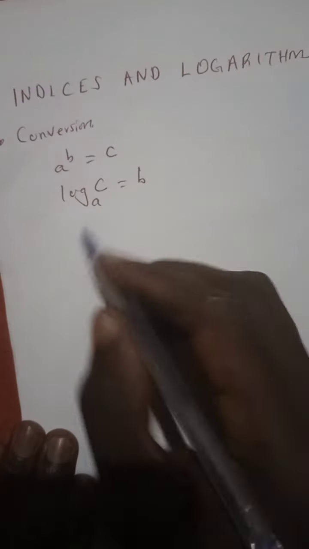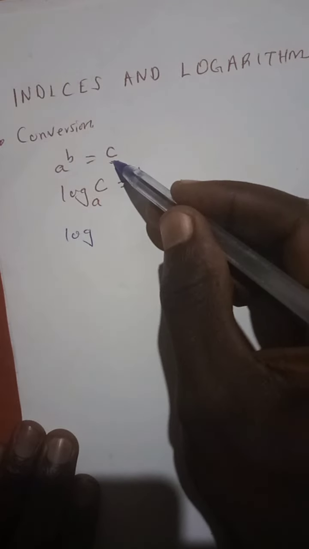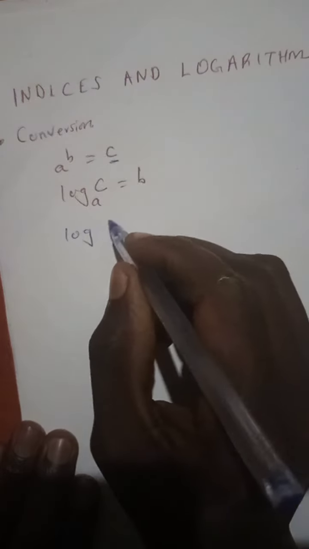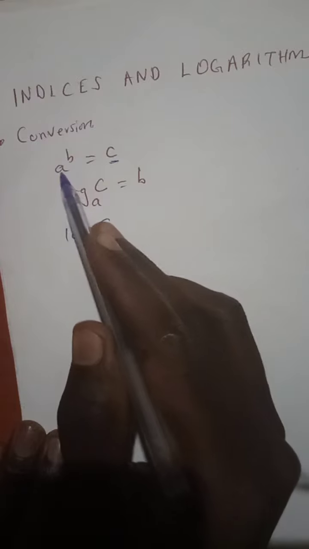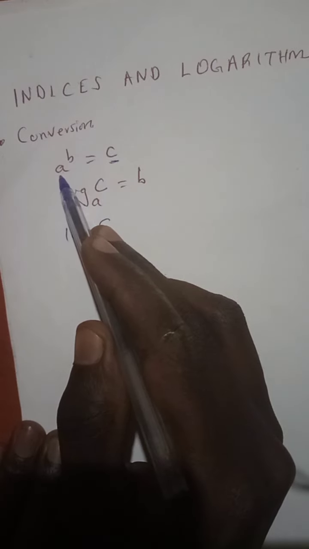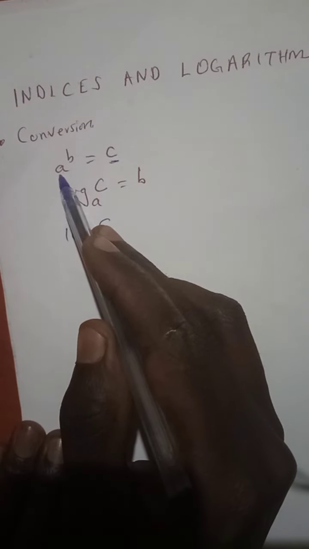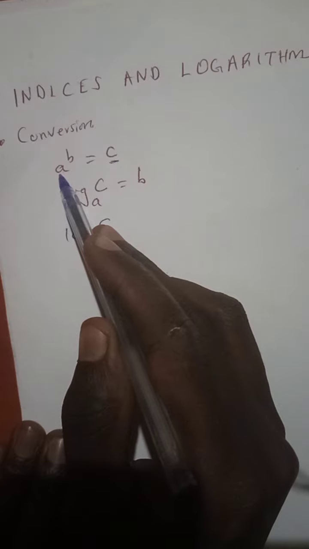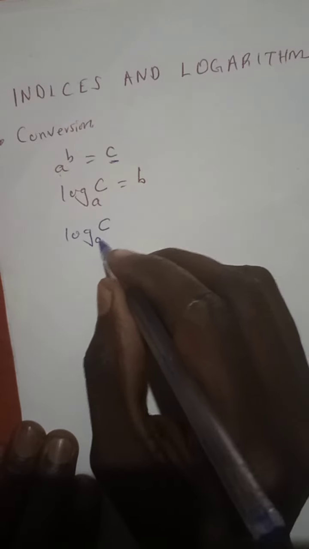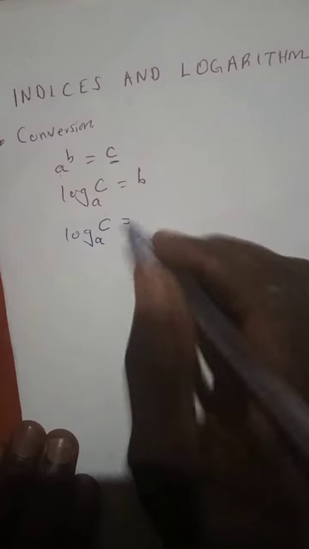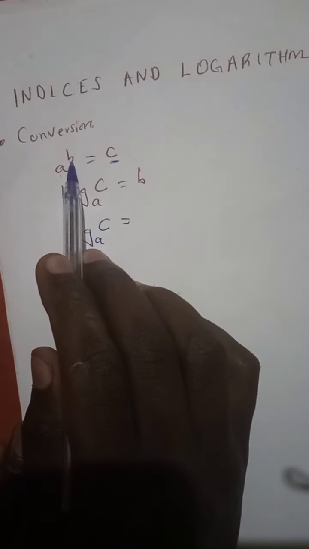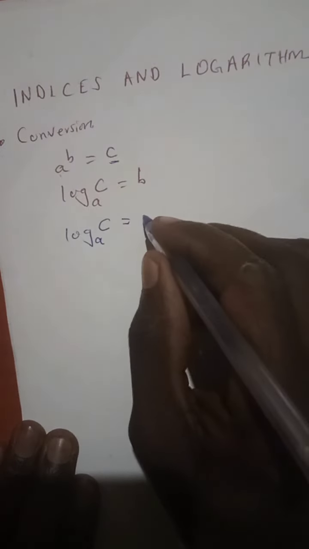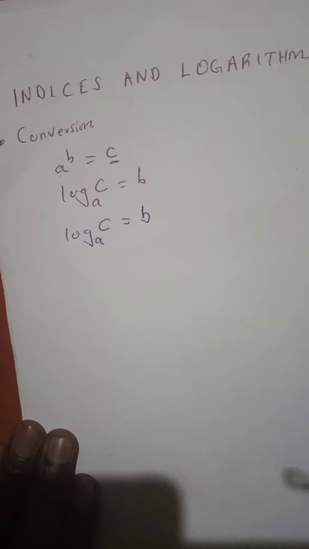The trick is that it normally becomes the log of the answer that you're using under the indices, so it becomes the logarithm of c. Then the one that had been raised to, the base, also becomes the base here, so it becomes a, which is equal to the power, b.